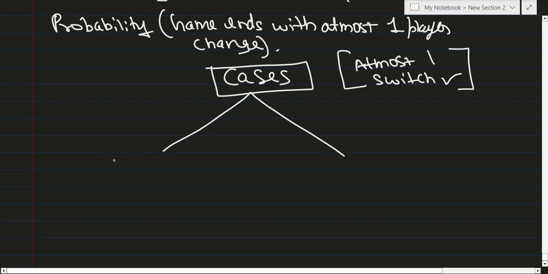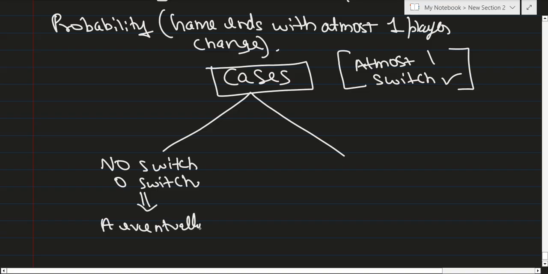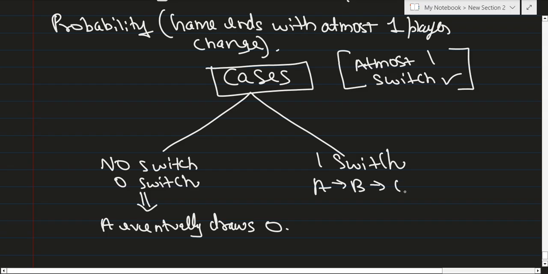The first case would be that there is no switch, that is zero switch. This is possible when A, since A is beginning the game, eventually draws zero. And in the second case, we have one switch, in which A goes to B and B eventually draws zero.